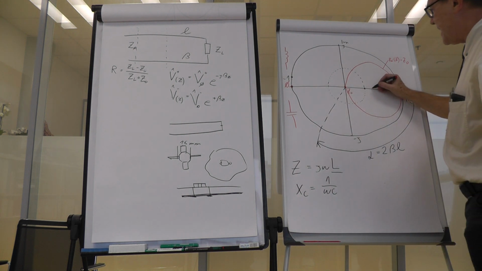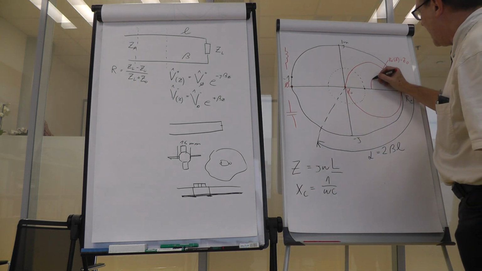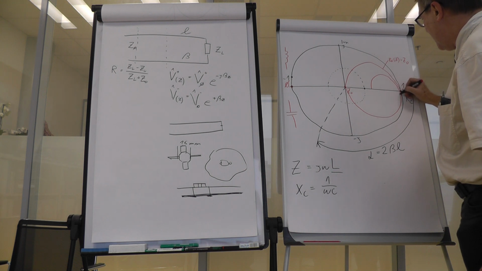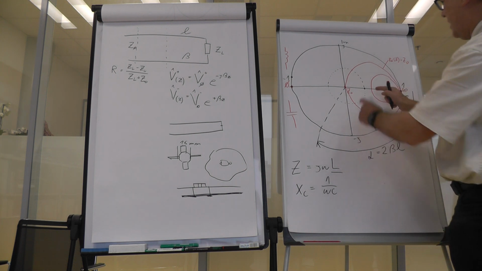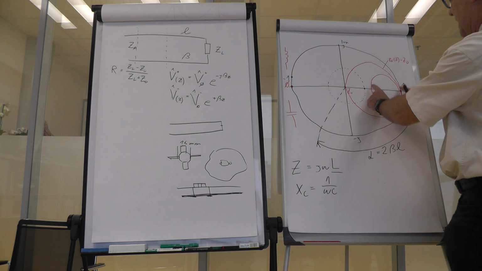Now there is a set of circles looking like this. For example, this is just 1/2 of this distance.